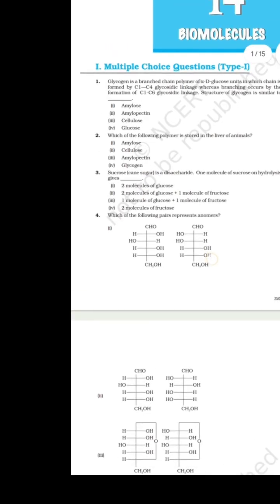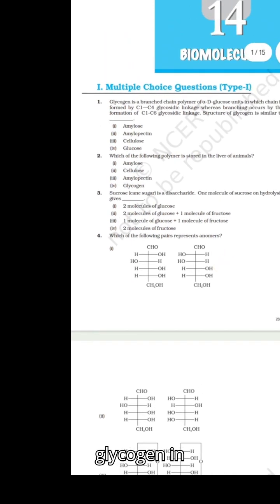So the correct option is amylopectin. Amylopectin is a polymer of alpha D glucose, and this is insoluble in water as in glycogen.